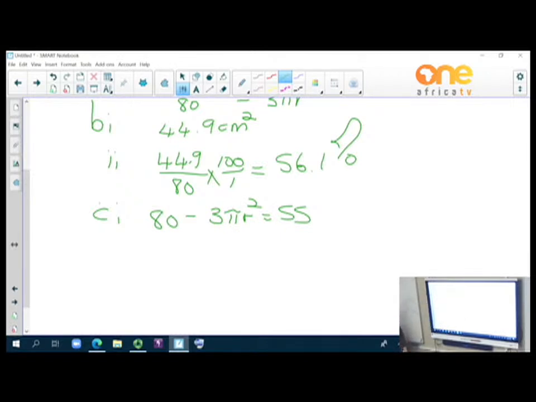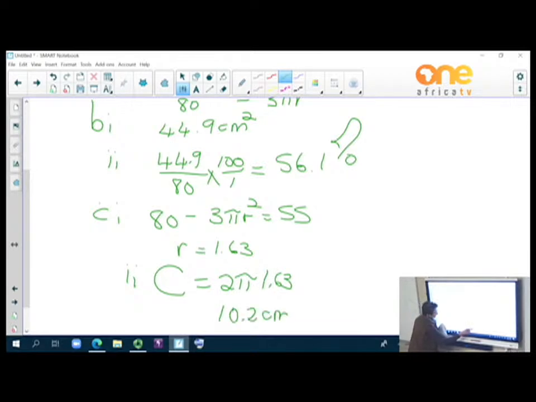So minus 80, divide by 3 pi, and you root it eventually. 1.63. And then the last one there, calculate the circumference of one of the circles when the shaded area is 55. So that means when the radius is 1.63. So we're going to calculate the circumference now, which is 2 pi times 1.63, 10.2 centimeters.